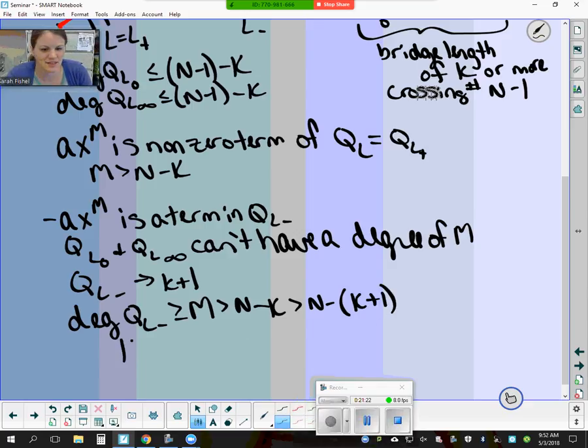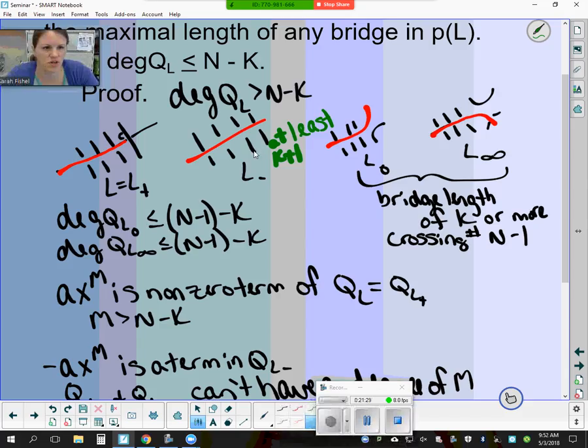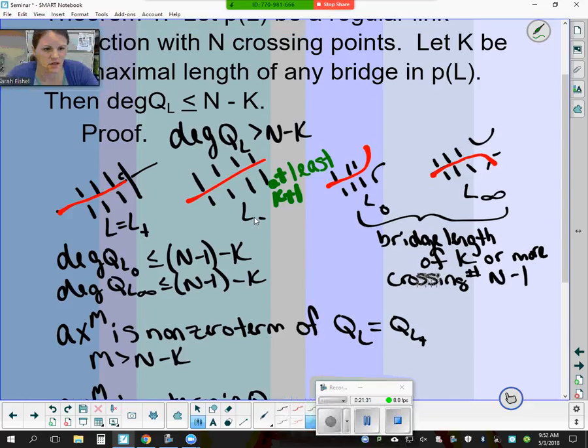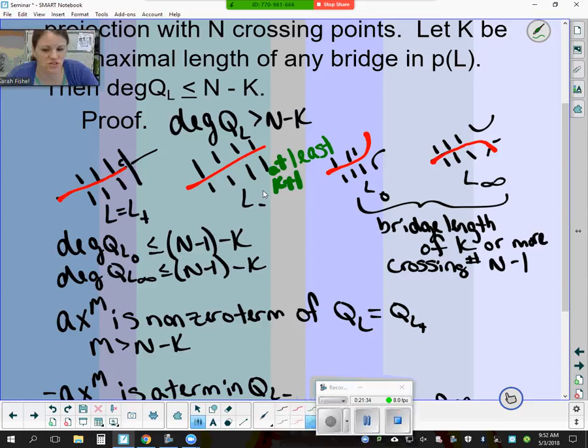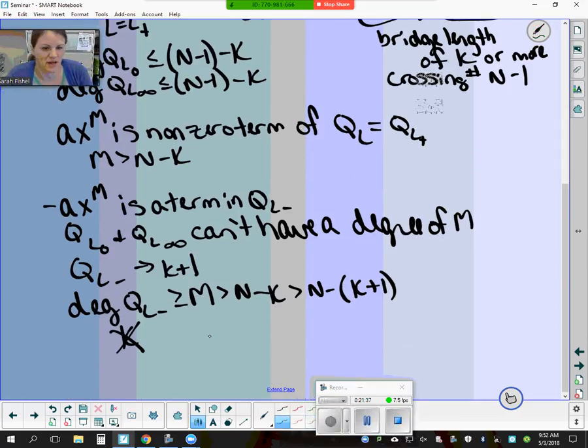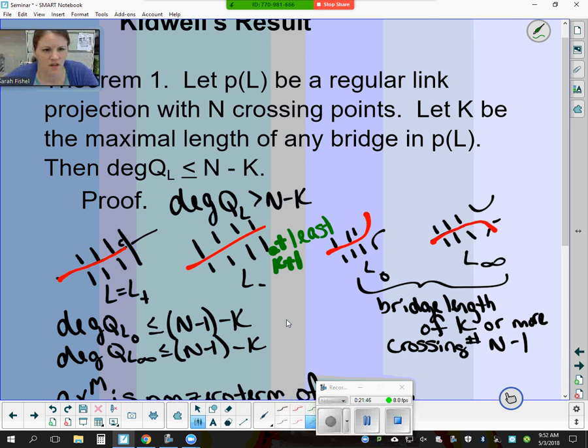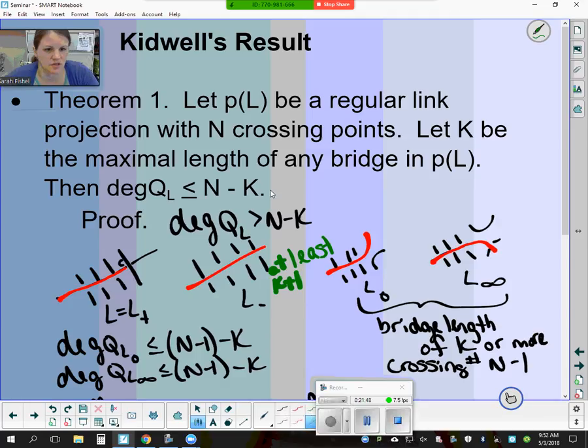K is not the longest possible bridge anymore, because P of L, your projection of your L minus projection, has a bridge that is longer. So again, we end up with a contradiction, and therefore there are no projections. We've gone through all of the options. There's no projections that will violate the theorem. There are no counterexamples, and so we are proved. We have our theorem 1 proved.